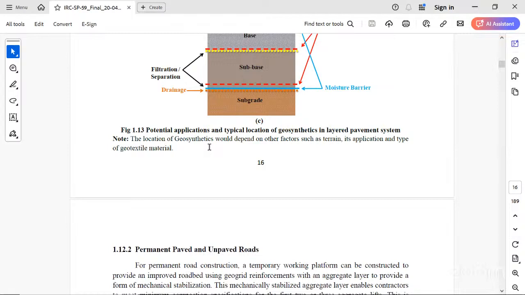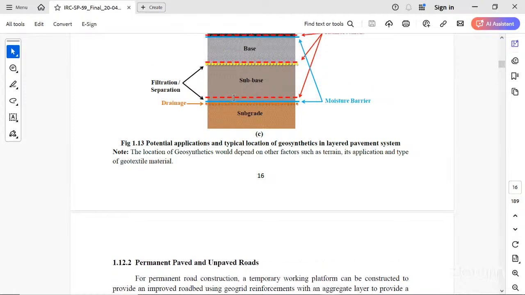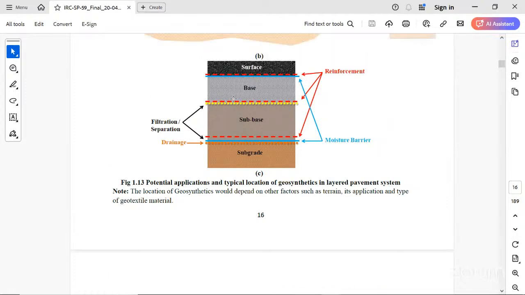You cannot directly place the geogrid on soft clay. You have to provide a geotextile separator first, and then on top of that you put an aggregate, and then only introduce the geogrid. Otherwise, it will not work.